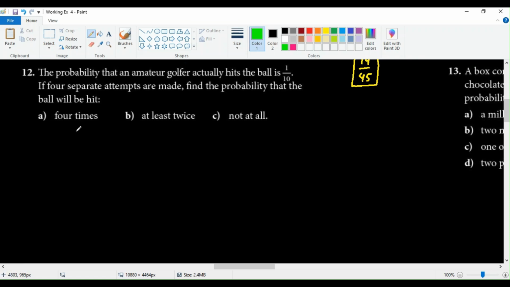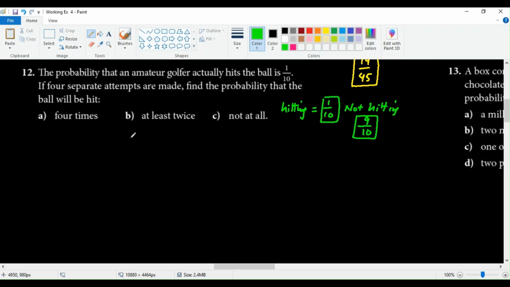So for this part of the question, first of all we find out the hitting is 1 over 10. Hitting equals 1 over 10, and not hitting is 9 over 10. So these are the two things you should consider in this question.